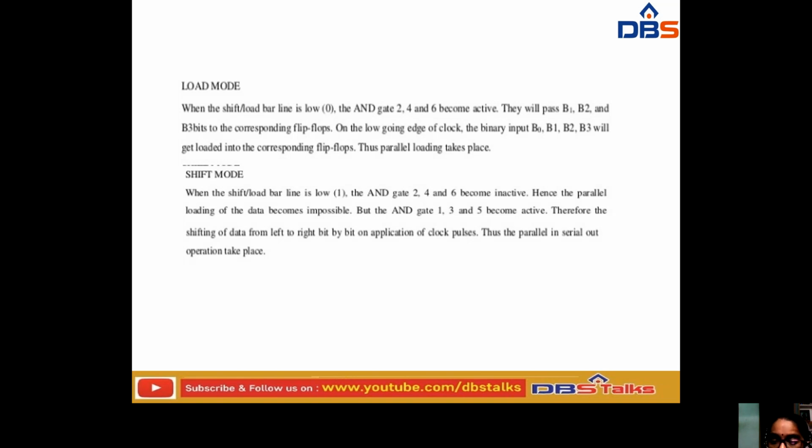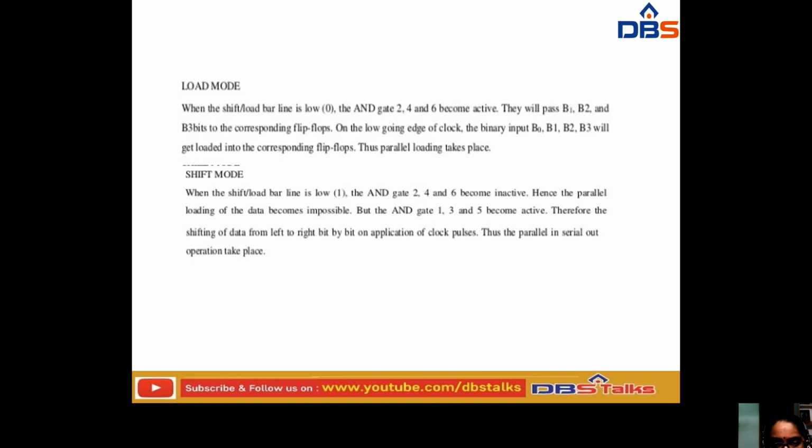But the AND gates 1, 3, 5 become active. Therefore the data is shifted from left to right bit by bit on the application of the clock pulses, such that the parallel in serial out operation takes place.